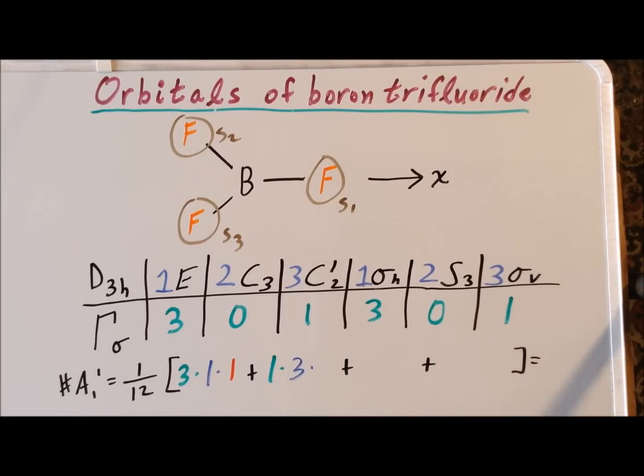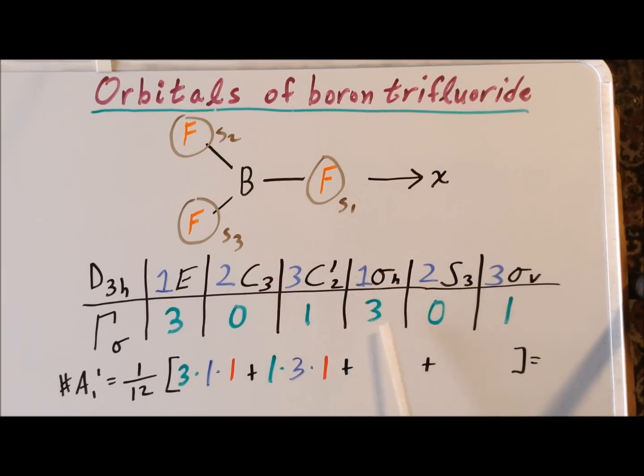And the character from the character table for A1 prime is a 1. What you'll learn by practice is that the first irreducible representation in any group always has all 1s as characters. We call it the totally symmetric representation. So you don't necessarily even have to look at the details of the first irreducible representation to know that all the characters have to be 1.